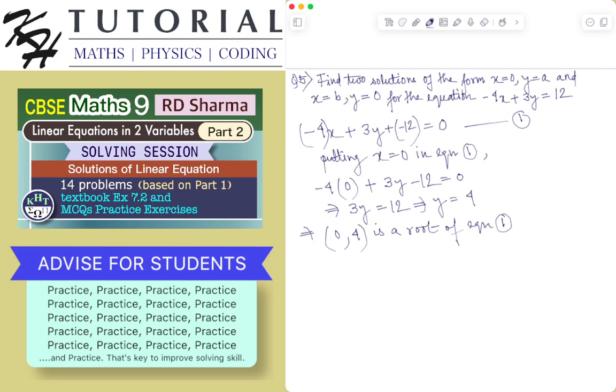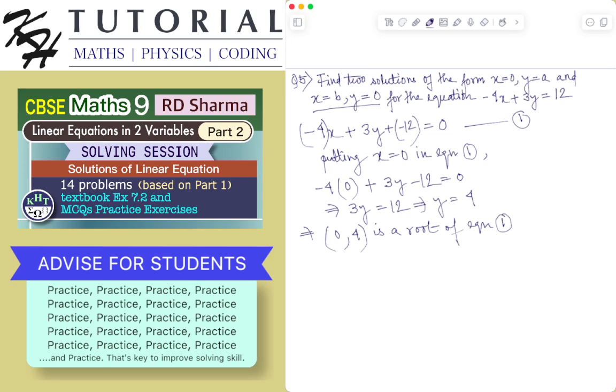So 0, 4 is the root of the form x equals 0, y equals a, where we have found a equals 4. Now let's find the root of the same equation of the form x equals b and y equals 0, which means the value of y of the root will be 0, and the value of x of the root would be any real number, denoted by b.